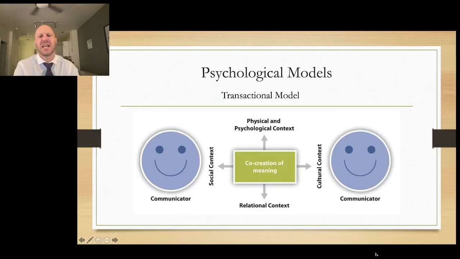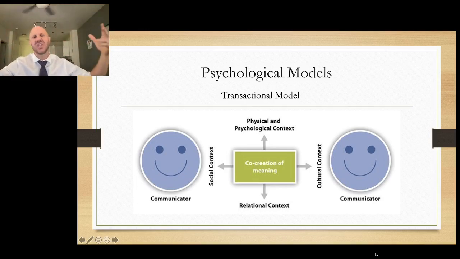So our second psychological model, the transactional model, tries to improve upon the linear model by making it multi-directional, or what we might call transactional here. And also, this model is going to improve upon the linear model because it's going to take into account the role of the context, the physical environment, and the psychological context.